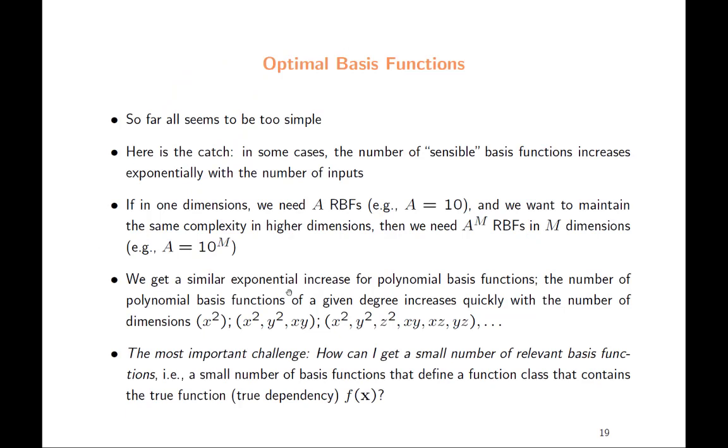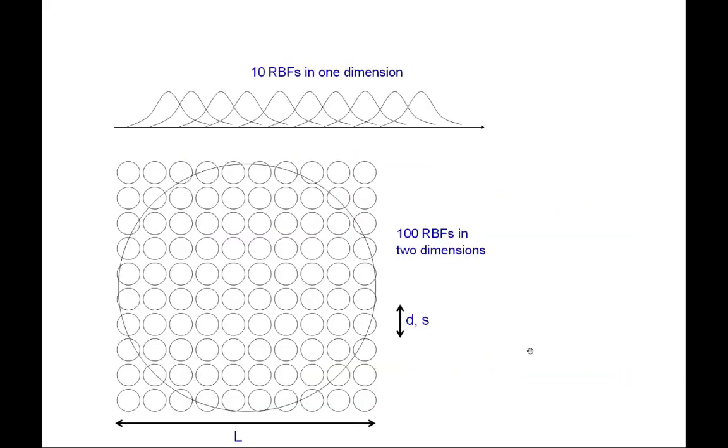Then there's an issue of what is the optimal number of basis functions and how many do we really need. So here is a plot, and you see, if you think of a problem with 1 input, maybe we need 10 basis functions, and we can model a class of smooth functions.